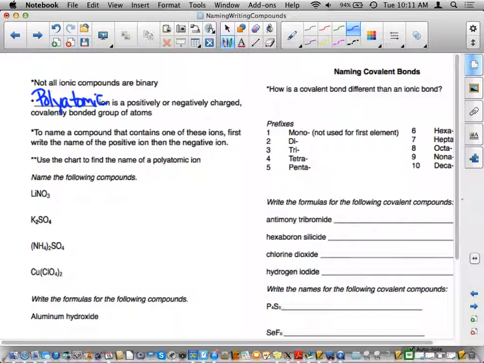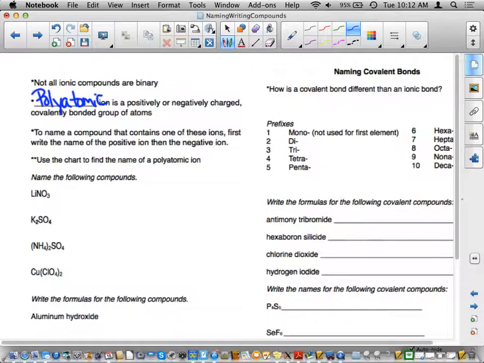So you can see the second group, they all have a -1 charge. The third group down, starting with carbonate, they all have a -2 charge. And then down to -3, phosphate, that group all has a -3 charge. And as a group, so if I look up at ammonium, the nitrogen and the 4 hydrogen come together in a covalent bond and have a +1 charge. So as a group, they have that charge.